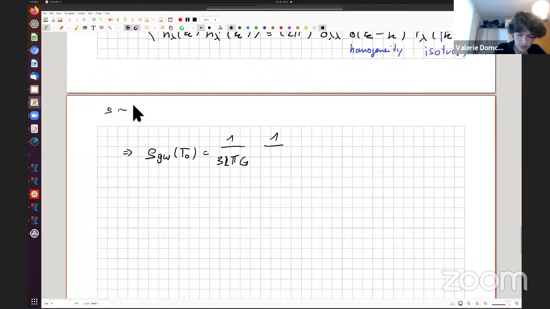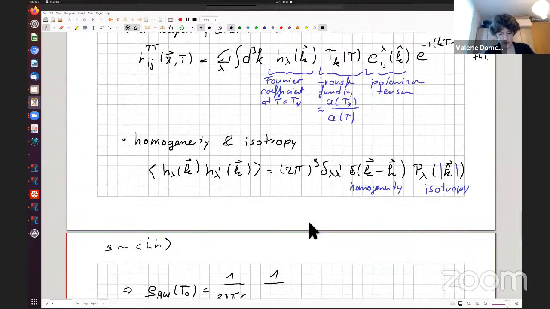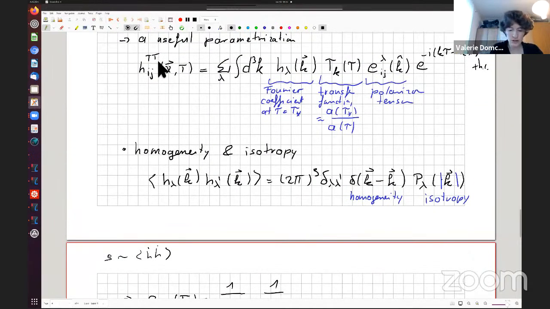This rho was up to prefactor something like h dot, right? So this is what we're computing. So you have to perform these time derivatives on this expression here.